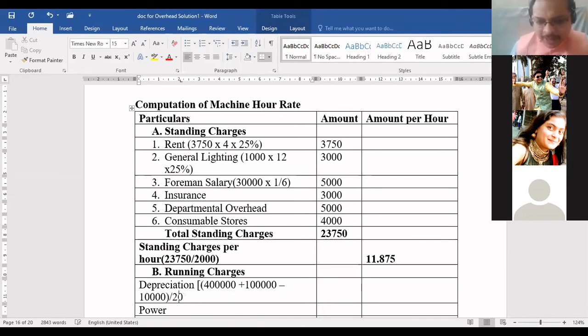Directly we can also write 20,000, and if you want, you can write 10 into 2,000. Both are perfect. What is the final answer?